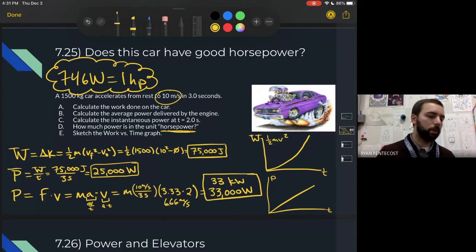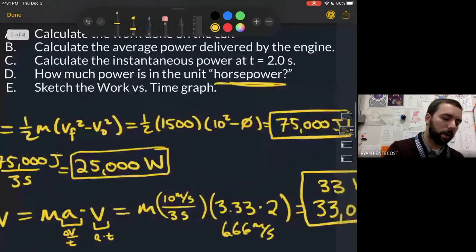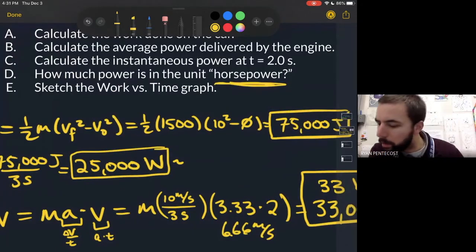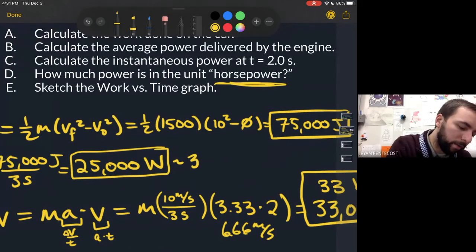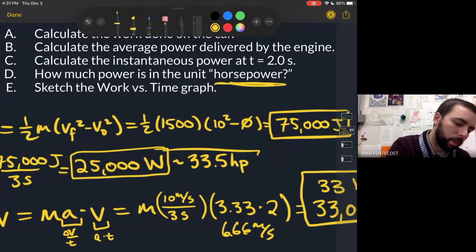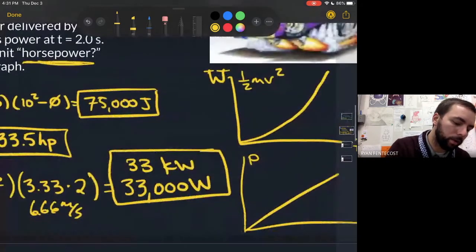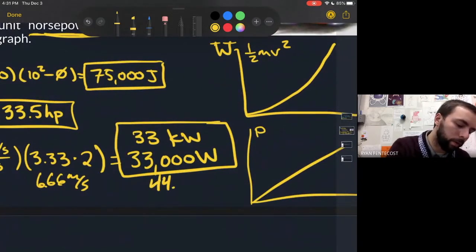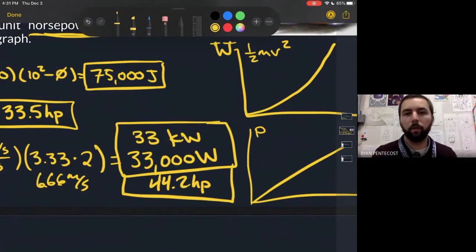If you do the division here, 25,000 watts comes out to about 33.5 horsepower. And 33,000 watts comes out to about 44.2 horsepower. Now you might think, okay, 40 horses, that's a lot of horsepower.